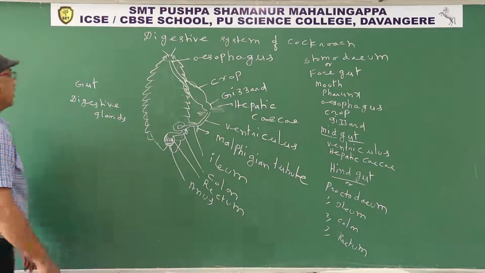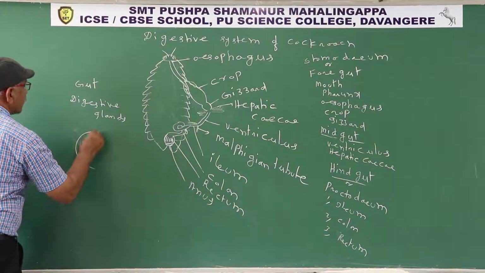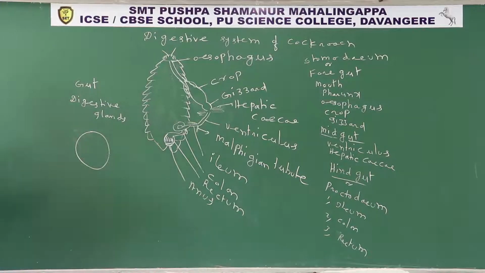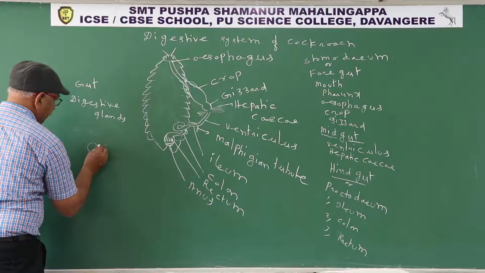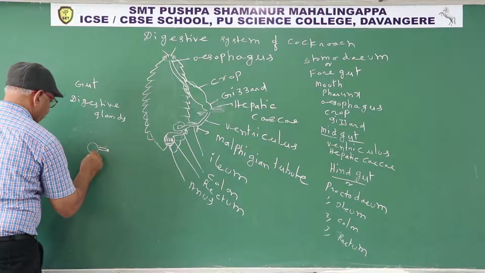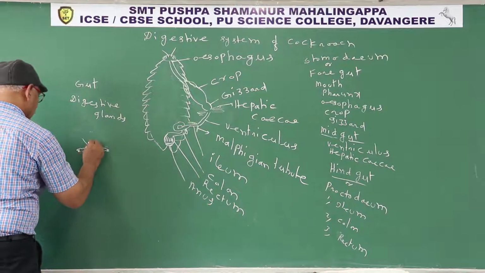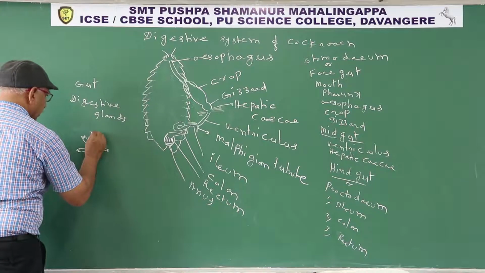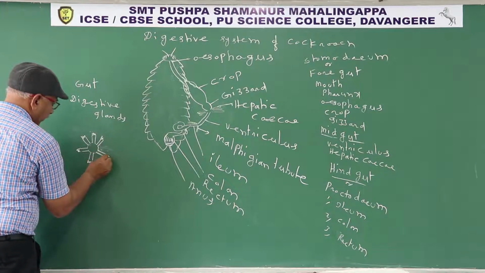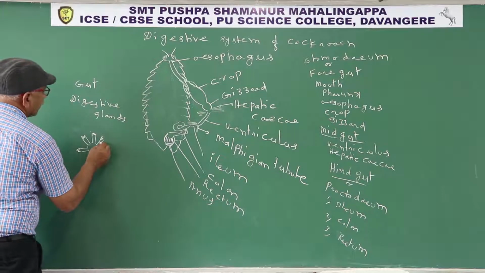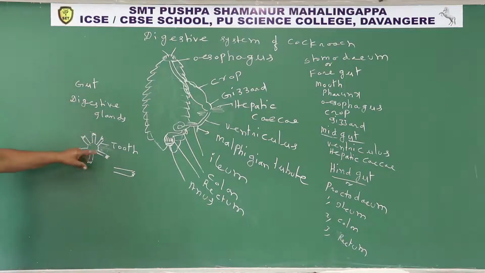Gizzard contains 6 teeth-like structures.